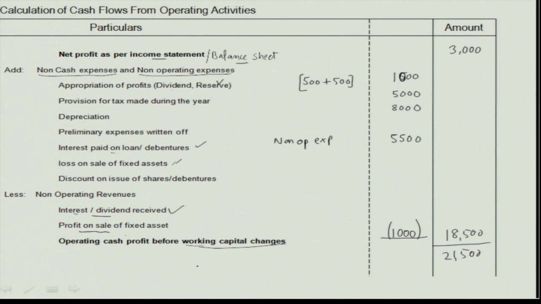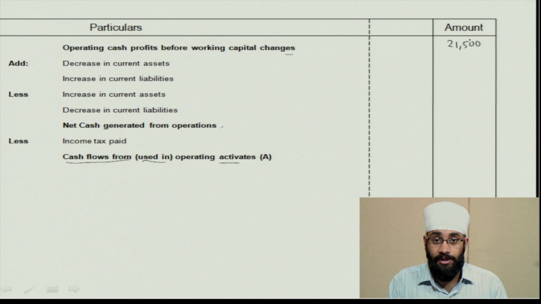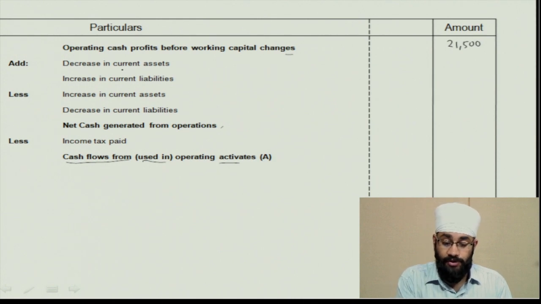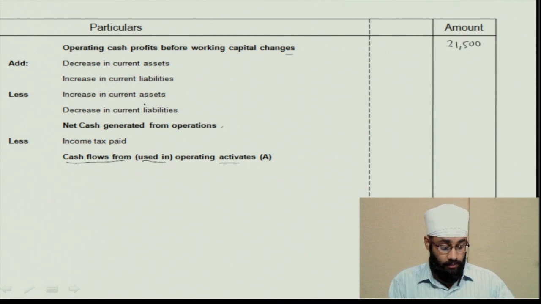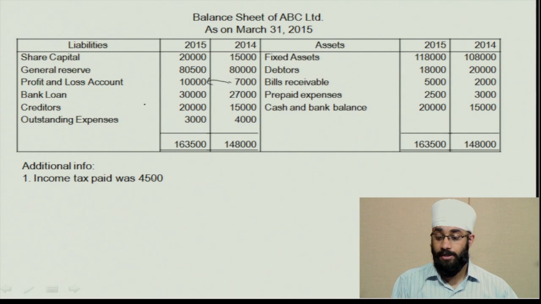Now let us go to the next step and find out what are the working capital changes we need to adjust this figure for. So let us go to the balance sheet and find out what are the changes in current assets and current liabilities that we need to adjust for. So here is the balance sheet, and let us look at the current assets first. So debtors, bills receivables, prepaid expenses, these are the assets, and we ignore cash and bank balance because the purpose of preparation of cash flow statement is to find out what are the reasons for this change in the cash balance.